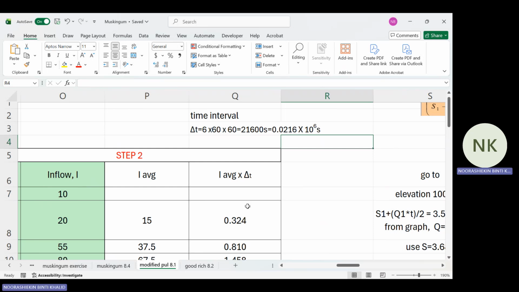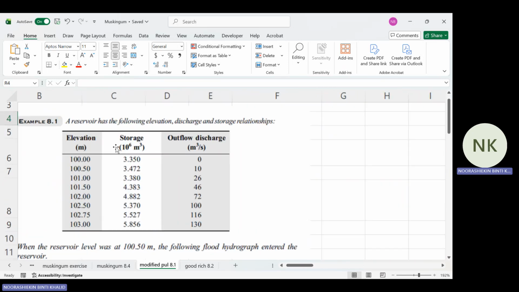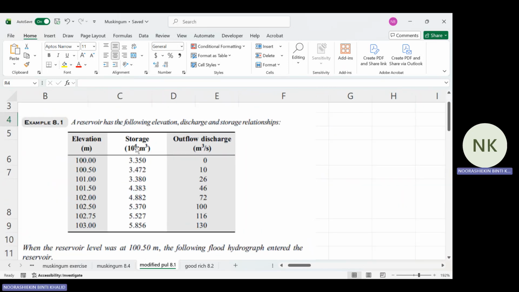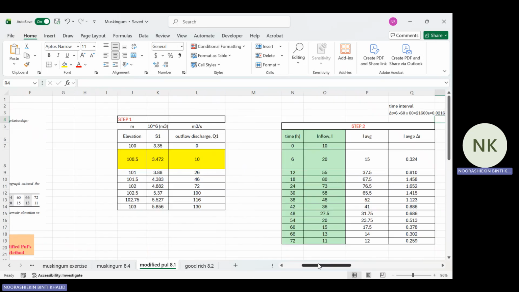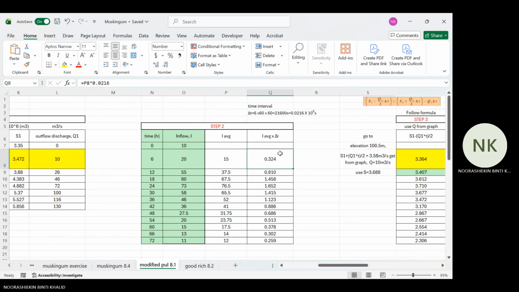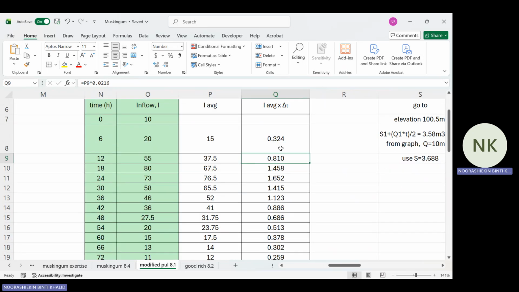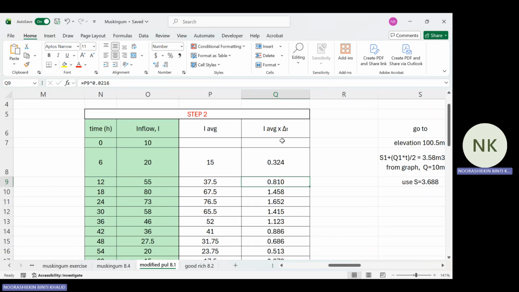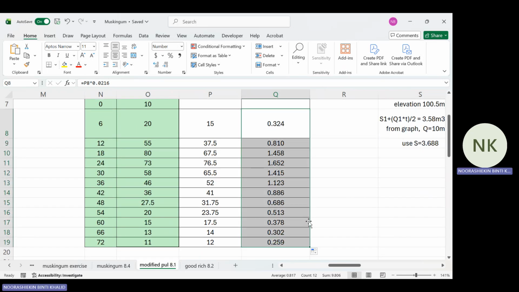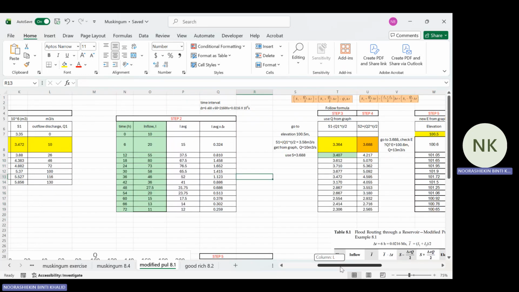But in this graph, because the storage is already in 10 power of 6, I just calculate I average equal to 0.0216. So just calculate I average times time. I got these numbers. This is step number 2, and then step number 3.